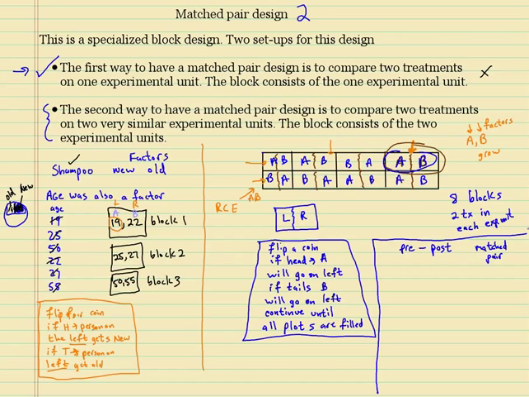That's 2 treatments being applied to the same person. Exercise: I weigh you, I put you through a workout program, I weigh you at the end. Matched pairs. 2 treatments on 1 person. So that's the matched pairs design.